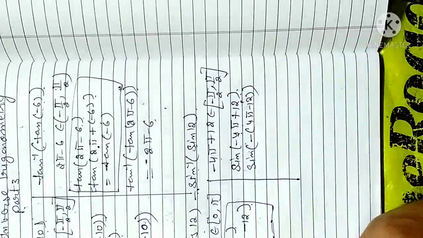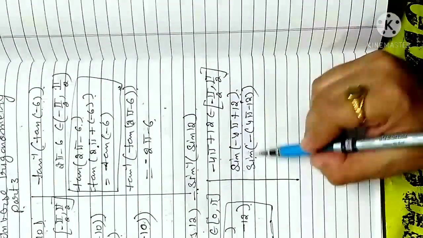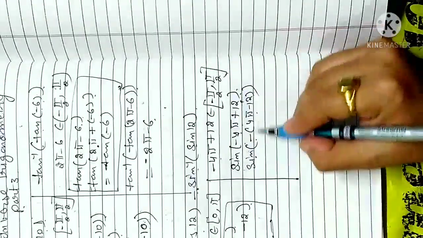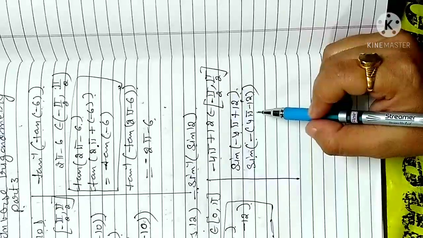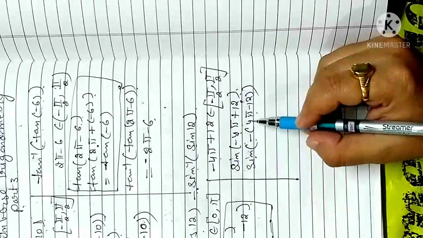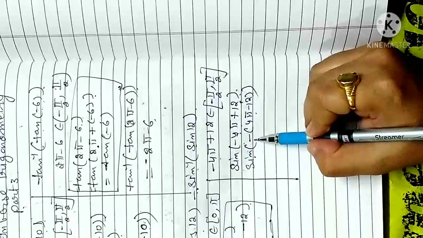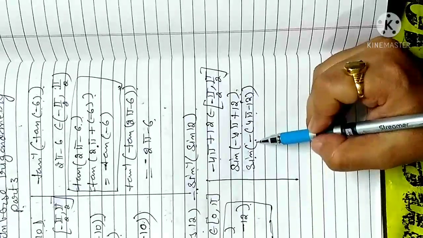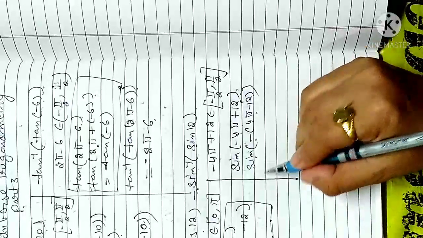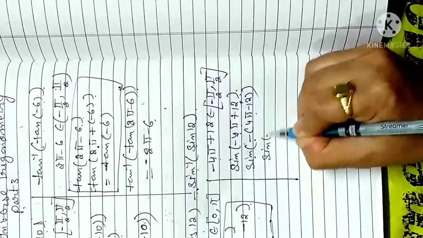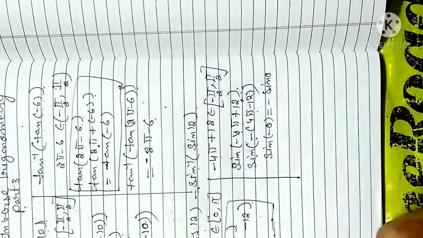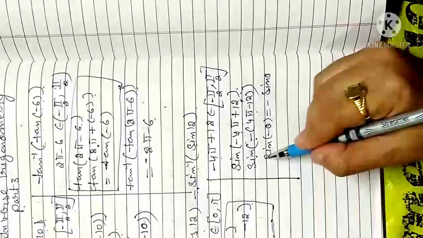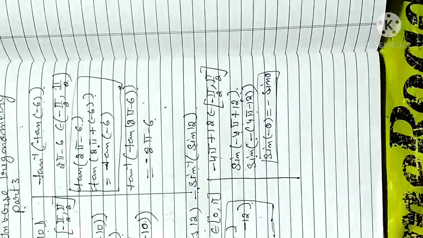And here, sine minus theta, the roundabout value is silent, which means your angle is a multiple of 360 degrees. And we already did previously that if sine minus theta is there, we can consider it as minus sine theta, right? That is our previous formula.